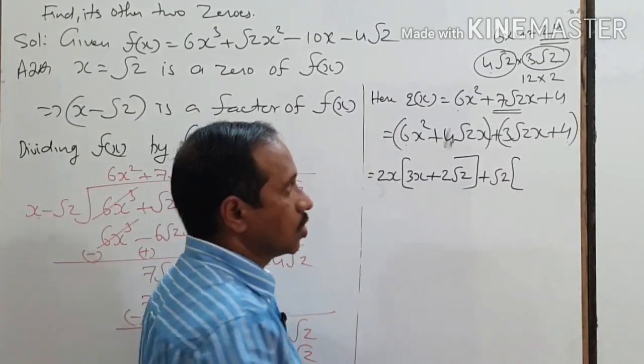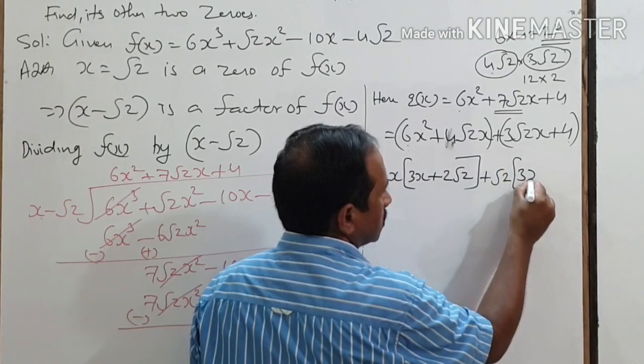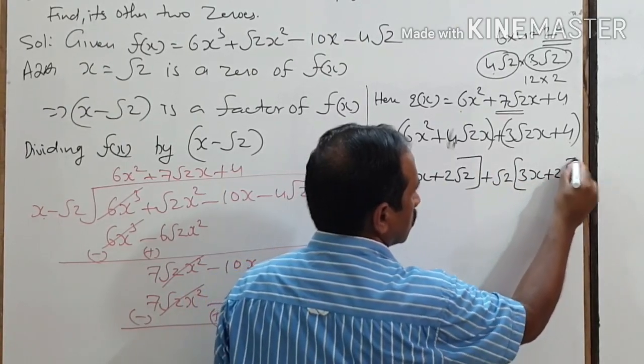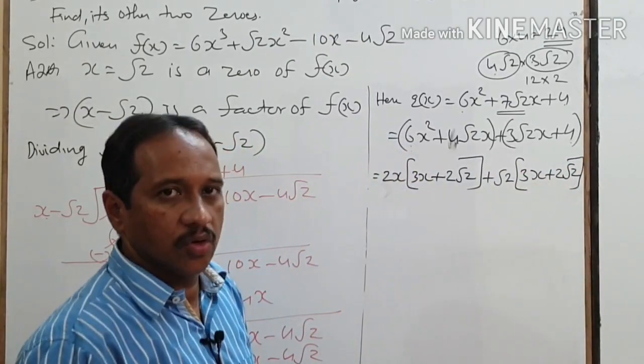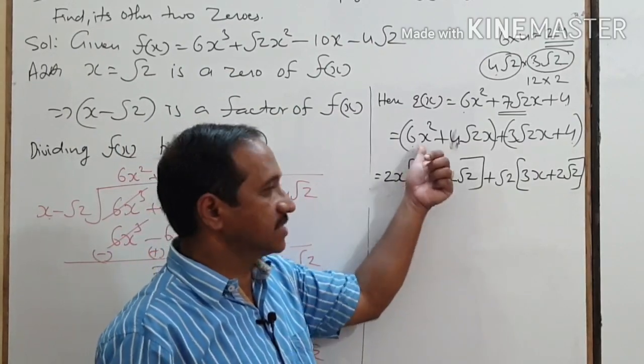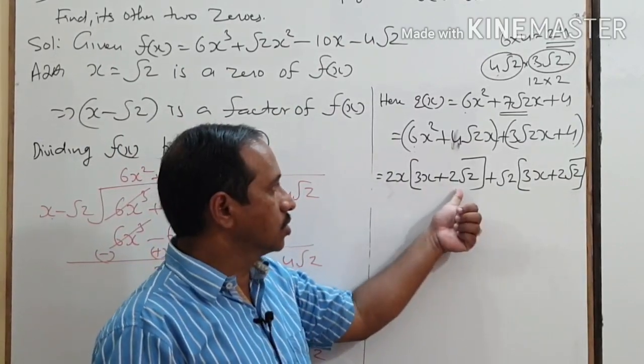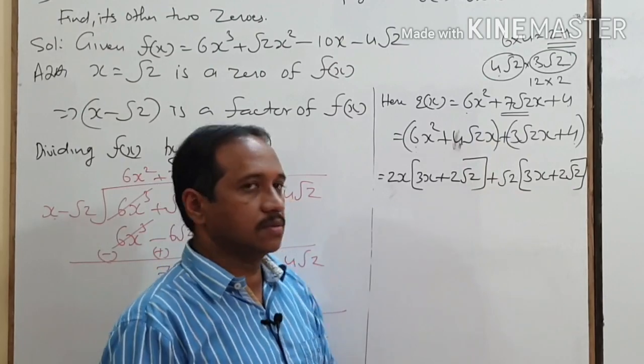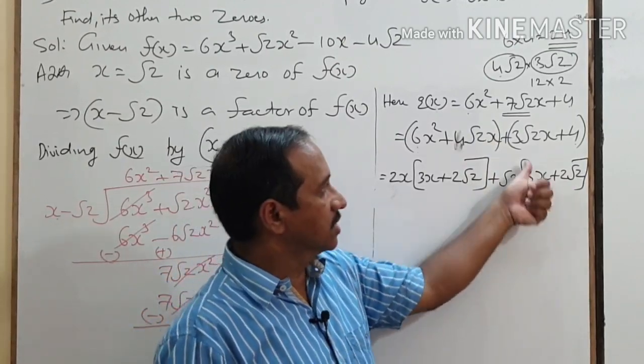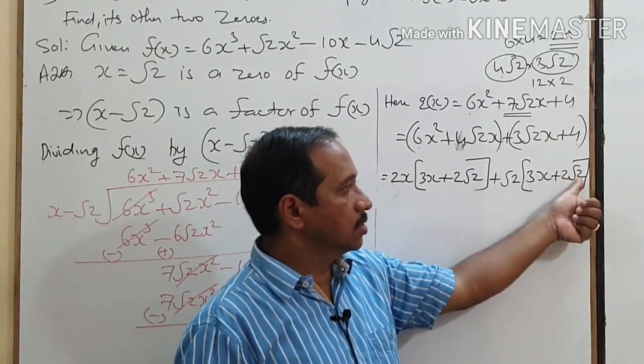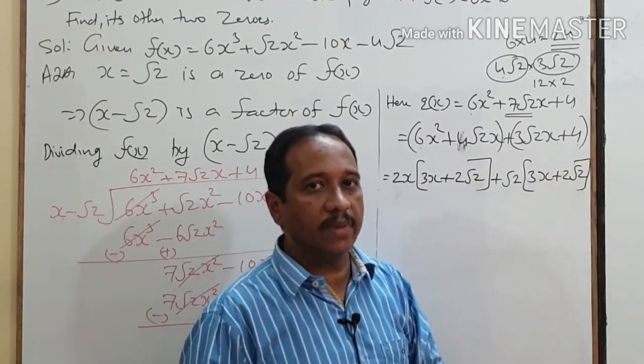After taking root 2 common, we will have 3x plus 2 root 2. You can verify: 2x into 3x, 6x square. 2x into 2 root 2, 2 into 2, 4 root 2x, plus root 2 into 3, 3 root 2x, plus root 2 into root 2, 2, 2 into 2, we get 4 back.